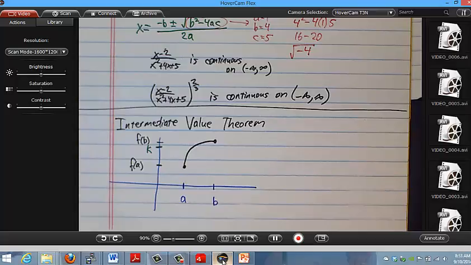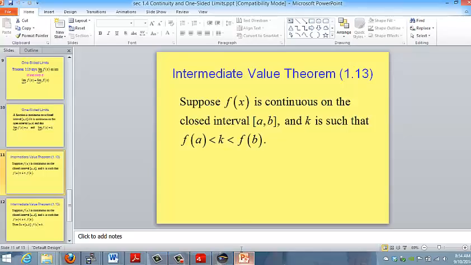Something exists. I'm going to let you talk to each other and say, hey, because we have a continuous function, what is the rest of the theorem going to say? Because right now, this is only half the theorem. This is the suppose. The conclusion is about to be, there exists... Well, we'll let it go. Talk to each other for a minute, see what you come up with.